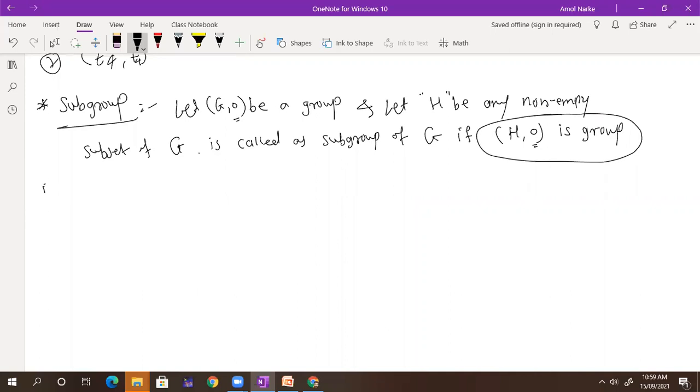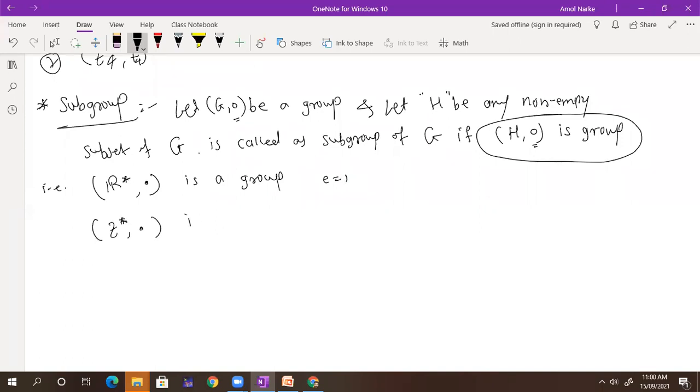For example, tell me, the real numbers with star comma dot, is it a group? Yes, it is a group. What is the identity element here? 1.